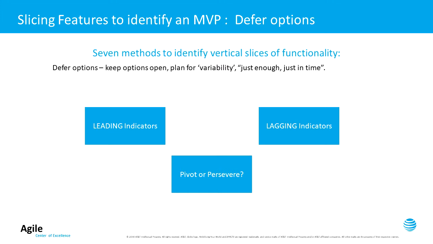But now that we have measures, what do we do if our measures don't measure up? How do you use the information that you gain from leading and lagging indicators? This is where you are able to pivot or persevere. If you find out that you're on the wrong track, if you find out that it's not performing to the level that you had predicted, this is a decision moment.